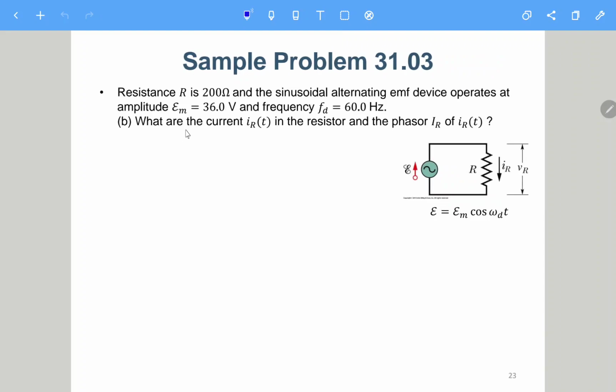For part B, what are the current IR in the resistor and the phasor IR?